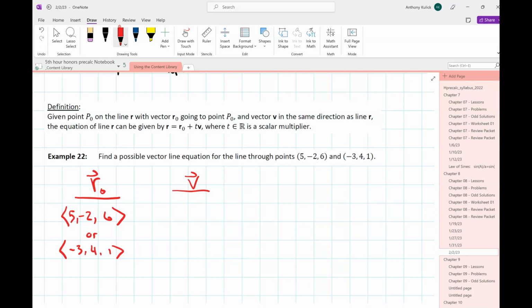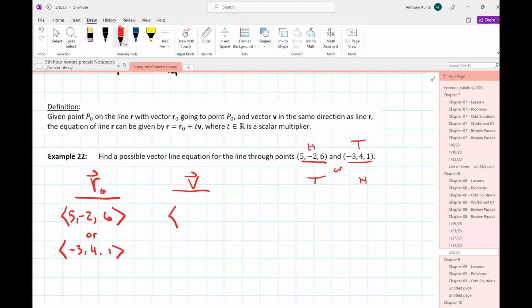What you'd want to find is the vector from that point to that point, or in the other direction. It doesn't matter. That's the easiest way to do it.